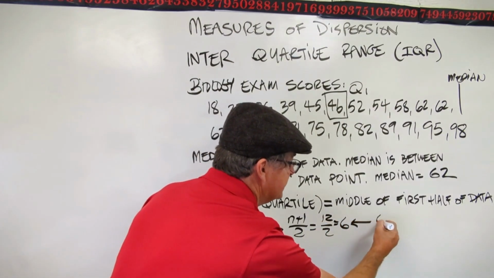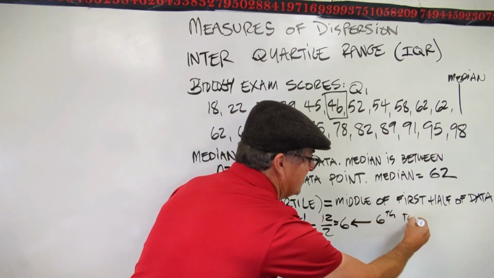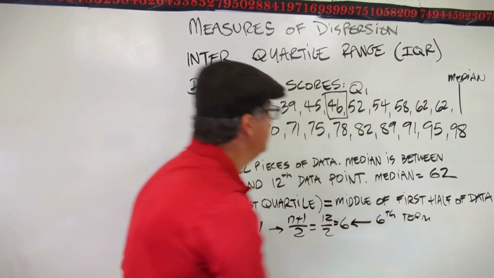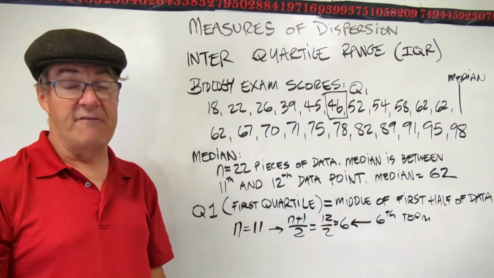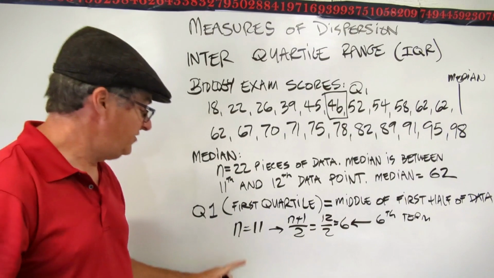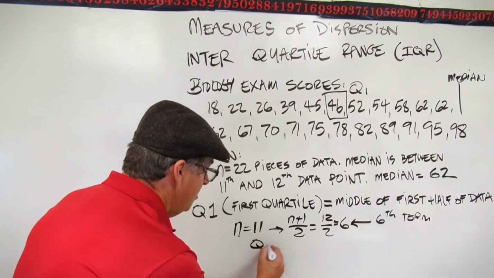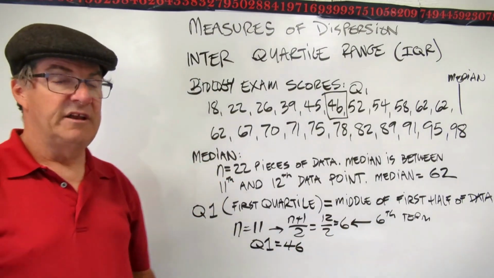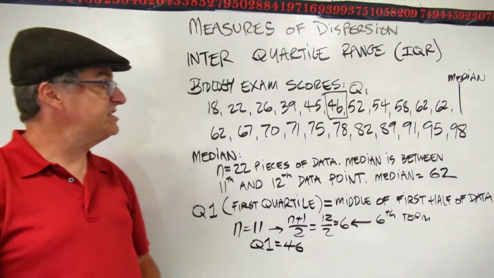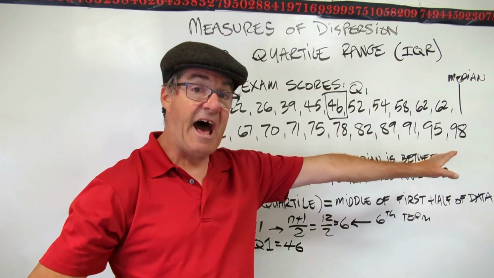So that means it's the 6th term, or the 6th data point. So then I could just go 1, 2, 3, 4, 5, 6, and that gives me my 46 as well, okay? So here we go, Q1 equals 46. Now I want you to pause the video and do the same thing for the second half.